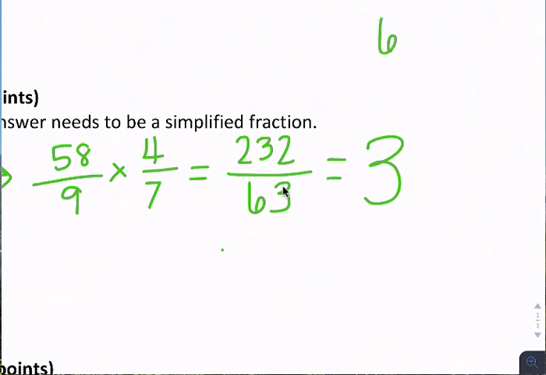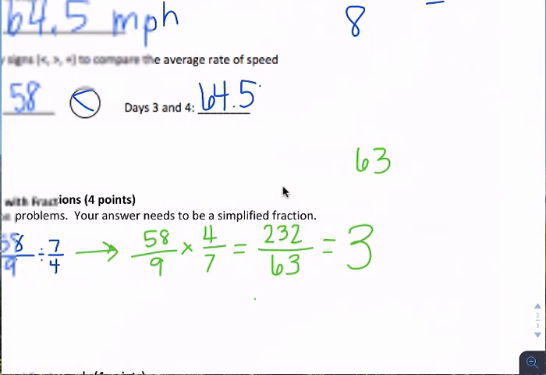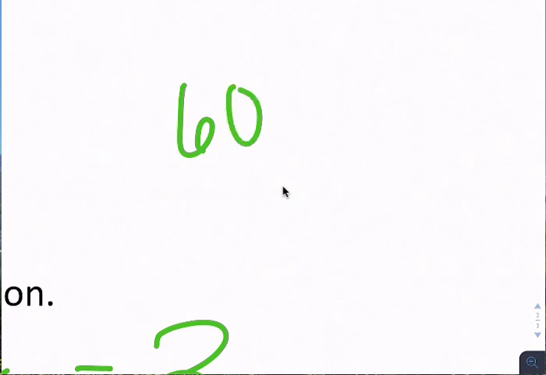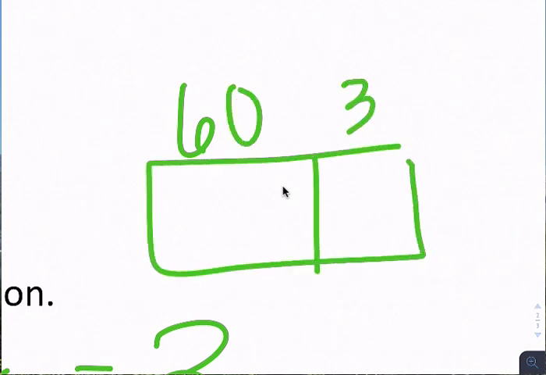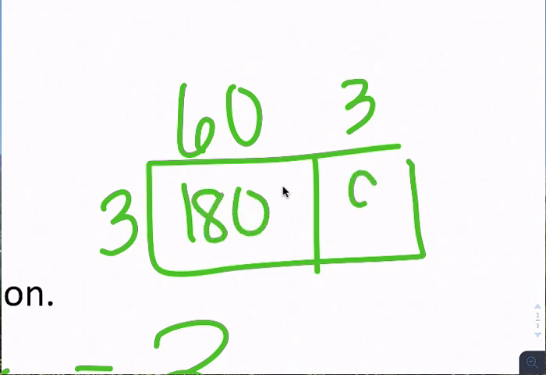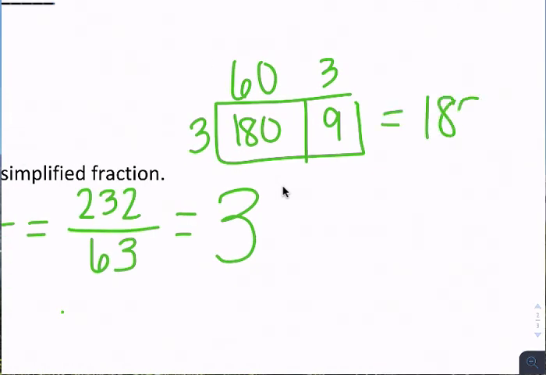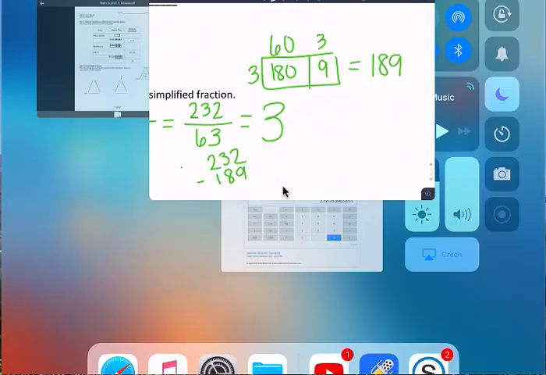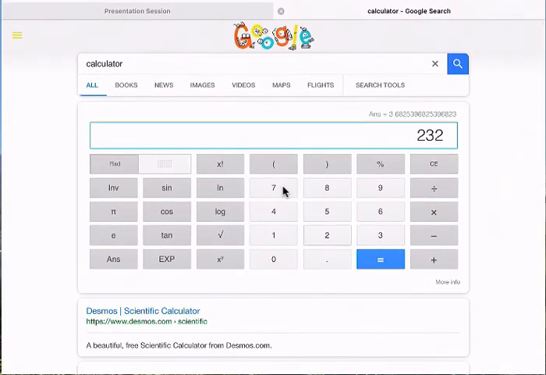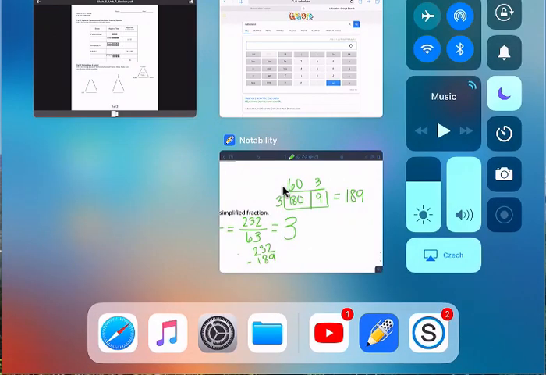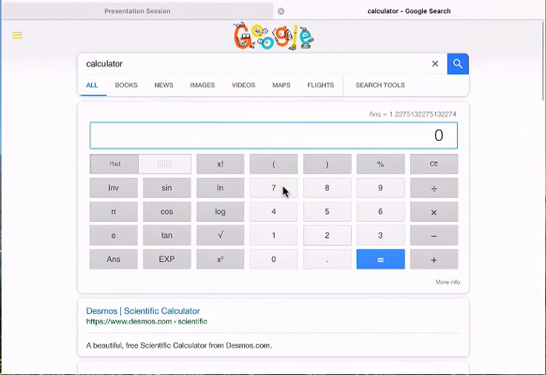63 times 3 is 189. So 232 minus 189 is 43.